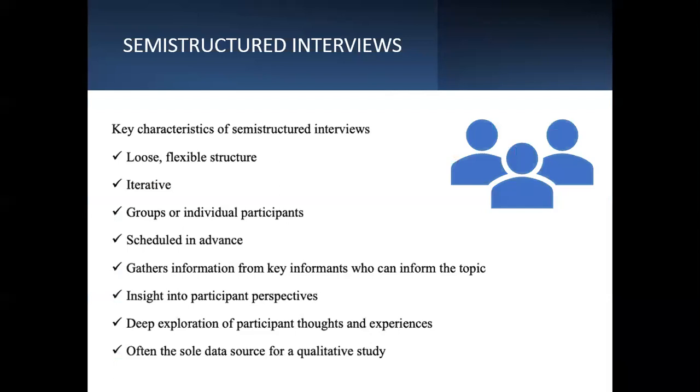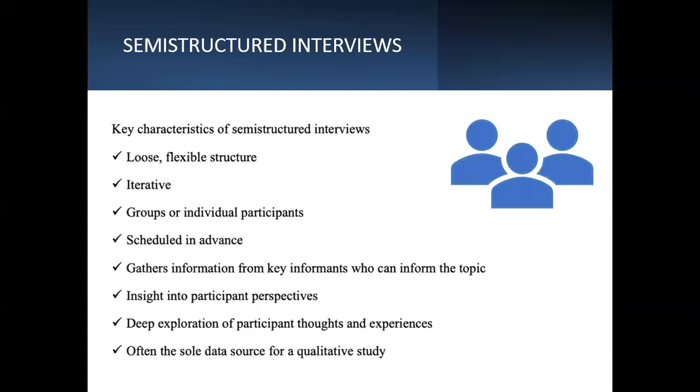Okay. Semi-structured interviews fall between the two types, structured and unstructured. I have written some key characteristics of semi-structured interviews. It has a loose and flexible structure. In this interview, we can have groups or individual participants.